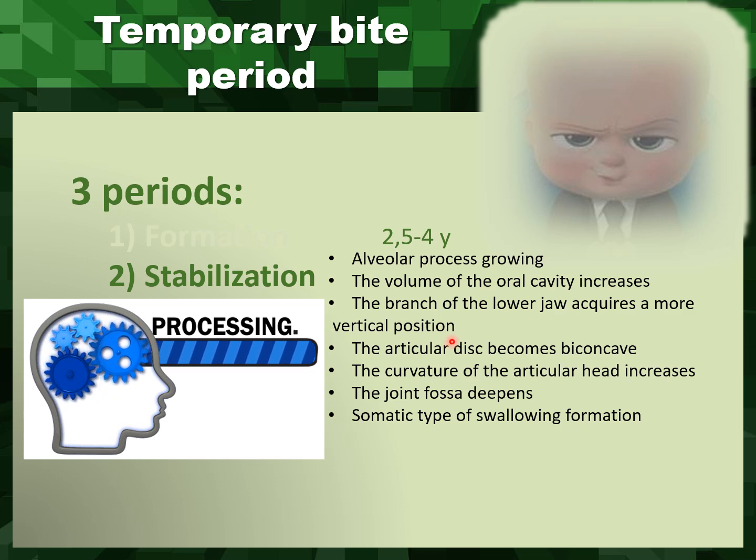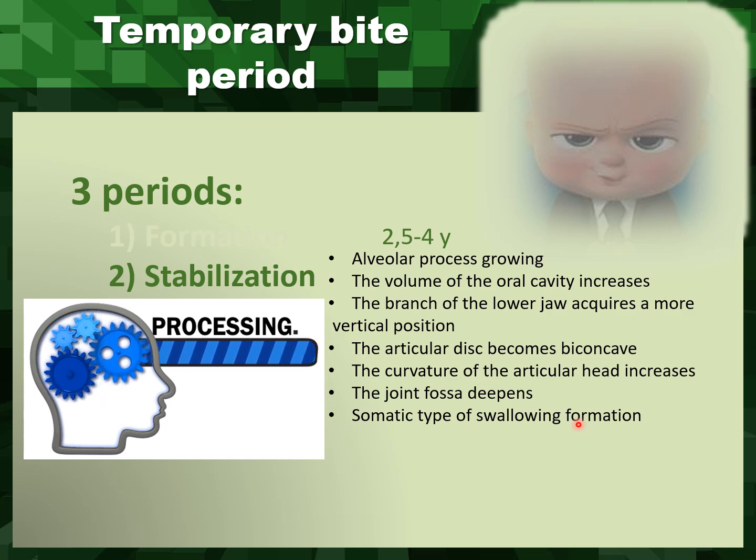The volume of the oral cavity increases. The same signs with the branch of the lower jaw, with the articular disc, the curvature of the articular head, and the same is happening with the joint fossa and somatic type of swallowing formation.